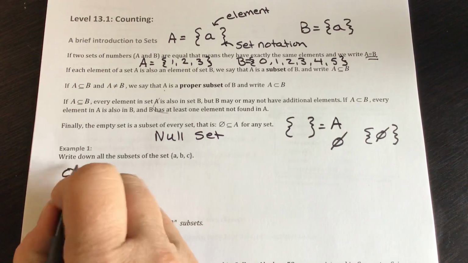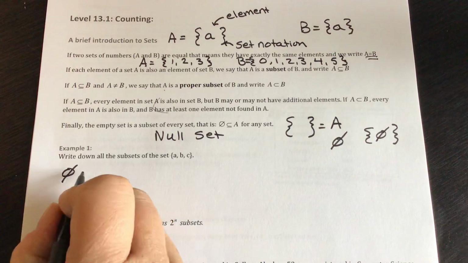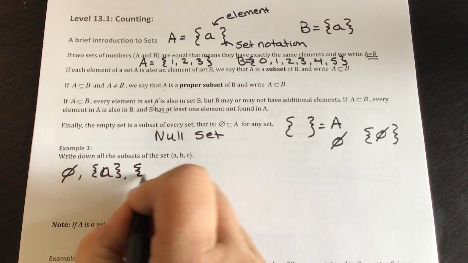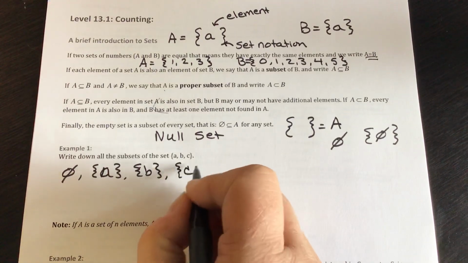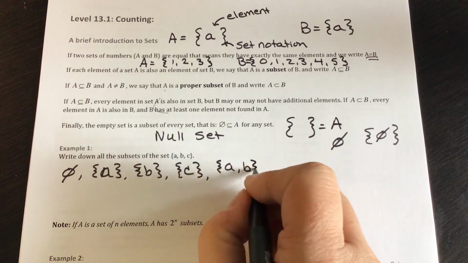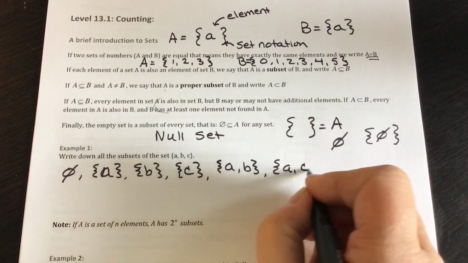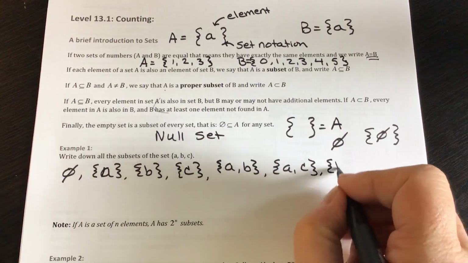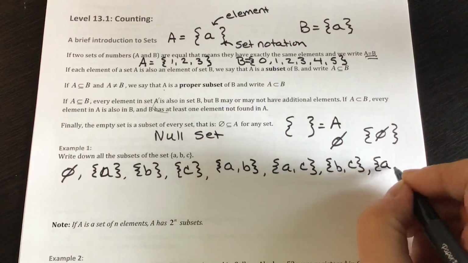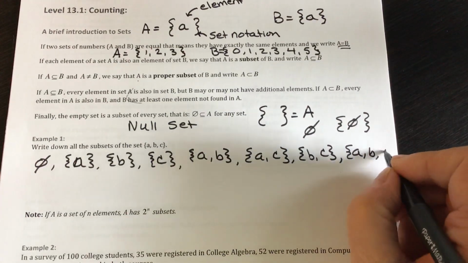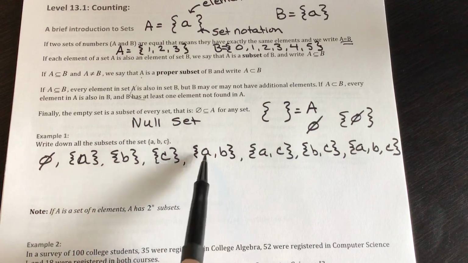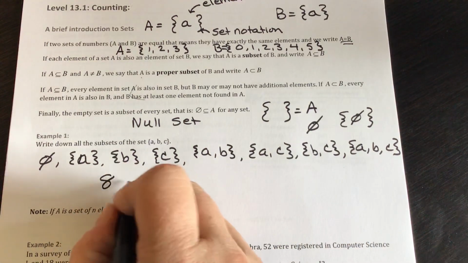First we're going to write down the null set, and then a set with just A in it, a set with just B, a set with just C. Then we might put two of the elements together: A and B, A and C, and B and C. And we might have the set with all three elements in it, A, B, and C. If I count how many subsets there are, 1, 2, 3, 4, 5, 6, 7, 8. So here I have 8 subsets.